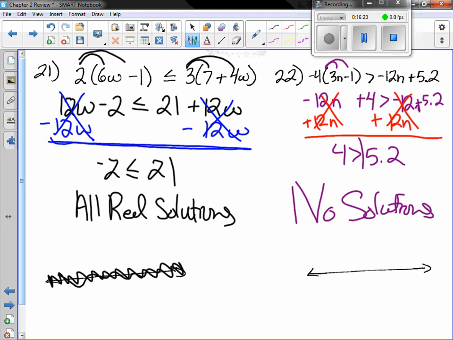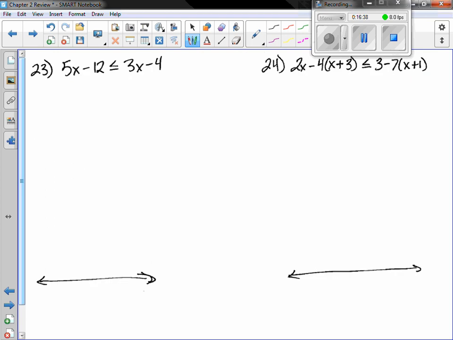Now, for something like these two here, I will put an all real solution, and that might show up, but I won't put a no solution for this type. Now, the absolute value might come up as no solution, but these multi-steps are not going to come up as a no solution.